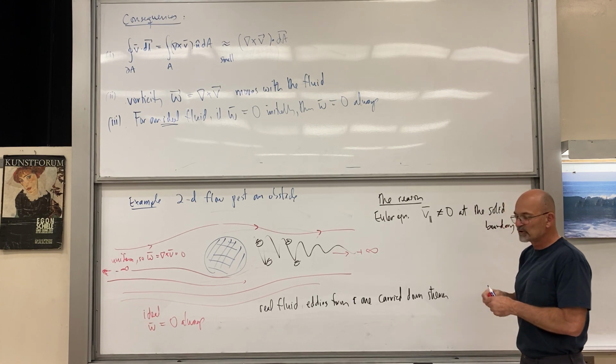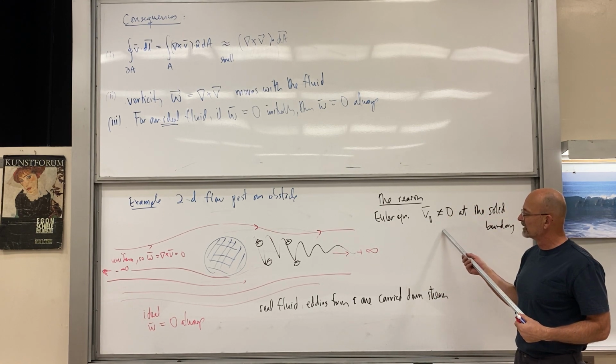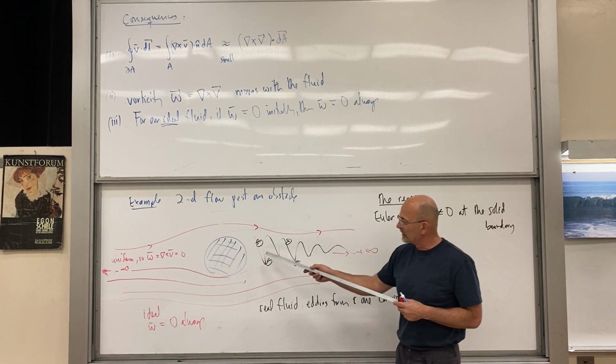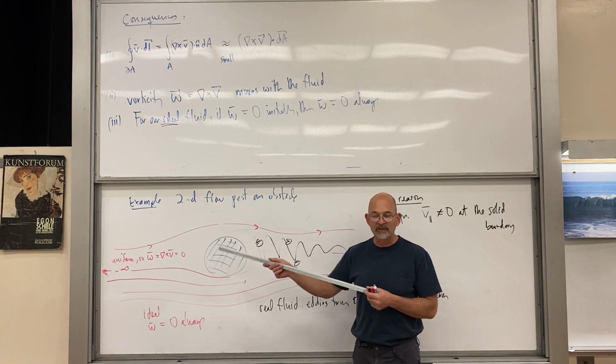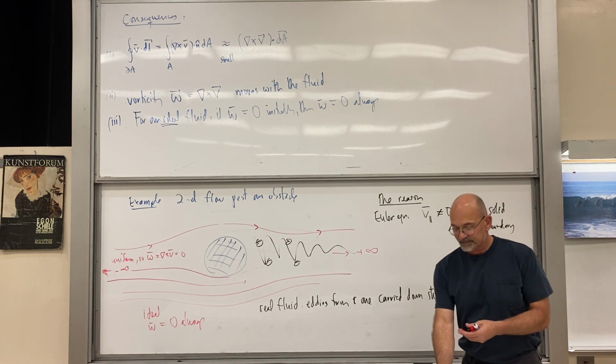And in fact, Euler's equations require this condition in order to be consistently solved. And again, this flow past the cylinder can be exactly solved, and all these things hold true.